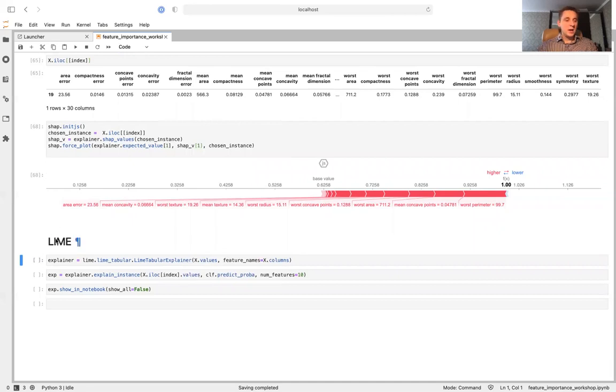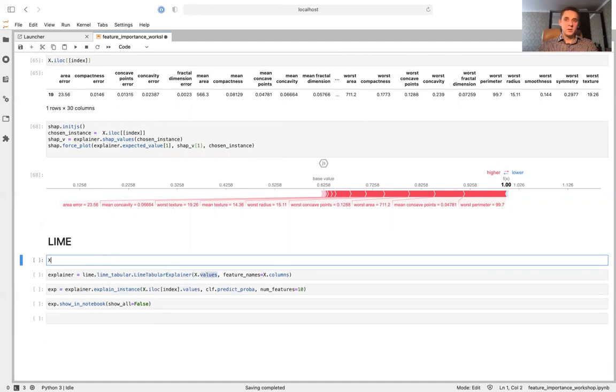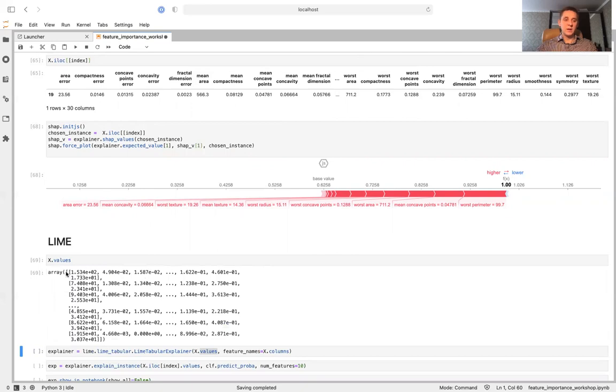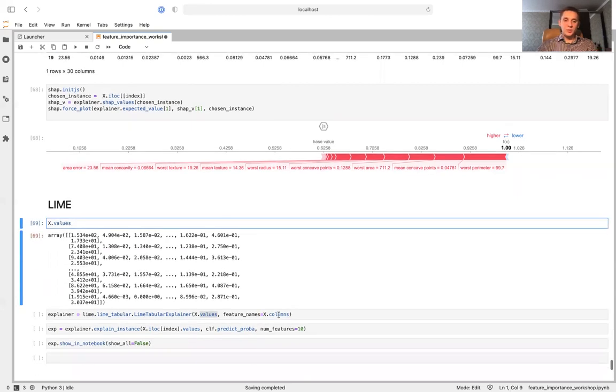LIME also needs a tabular explainer, so it's LimeTabularExplainer. We need to pass the values of X. It is quite important: we need to pass the numpy array into the LIME explainer. So we take X values, which is our array, and we need to pass feature names.